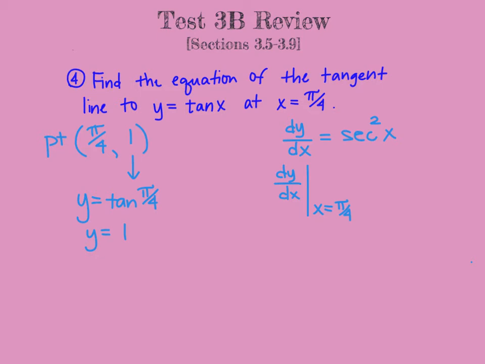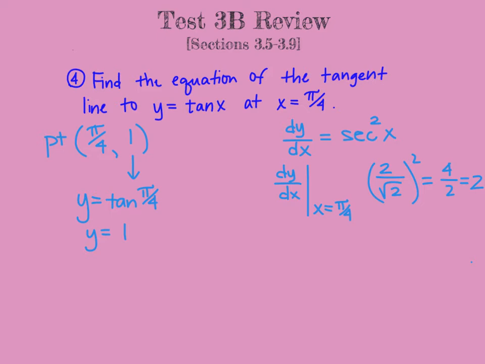I like to just think about a reciprocal as just flipping a fraction, right? So the cosine of pi over 4 is root 2 over 2. That means that the secant is 2 over root 2. So the secant of pi over 4 is 2 over root 2, and then we're squaring it. So when we square that, we'll get 4 over 2, which is 2.